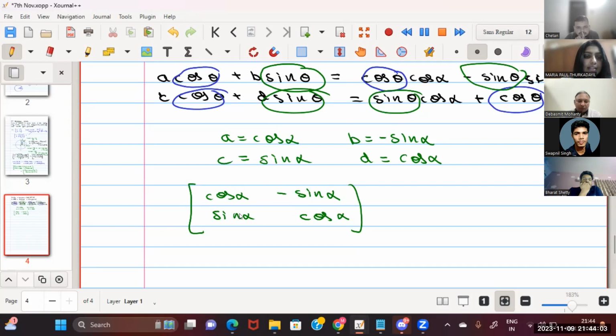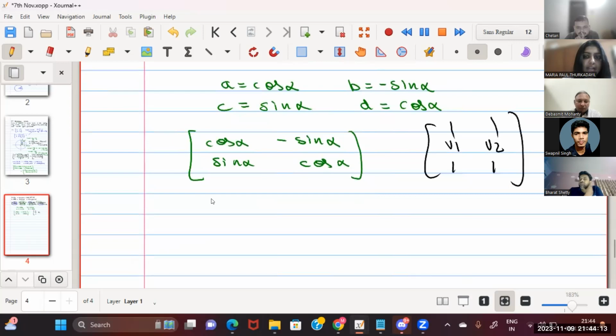The important observations we have to make about this matrix is that if I consider the matrix to be something like V1, V2, these two columns, the magnitude of V1 is the root of cos square alpha plus sin square alpha, which is 1.